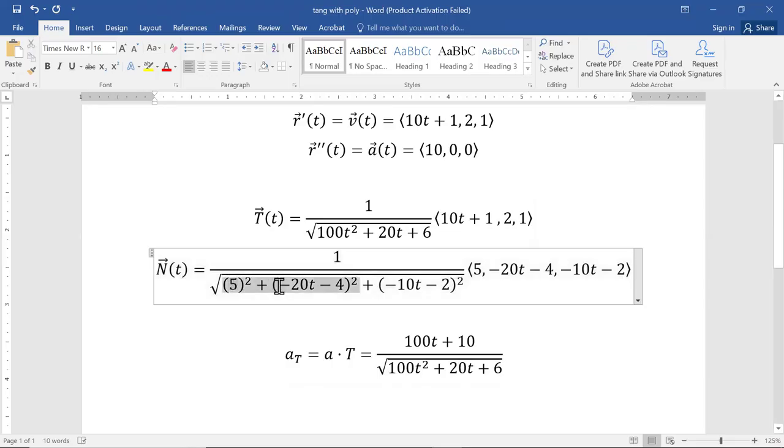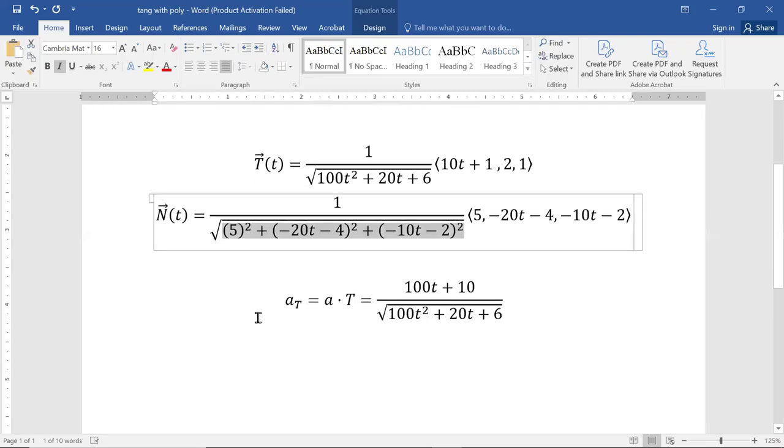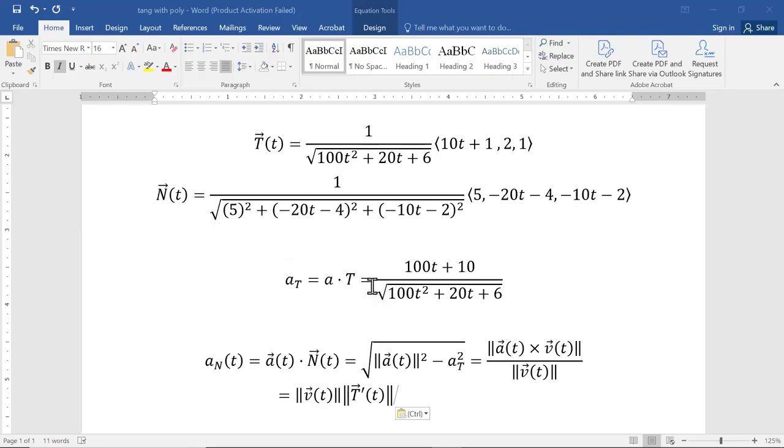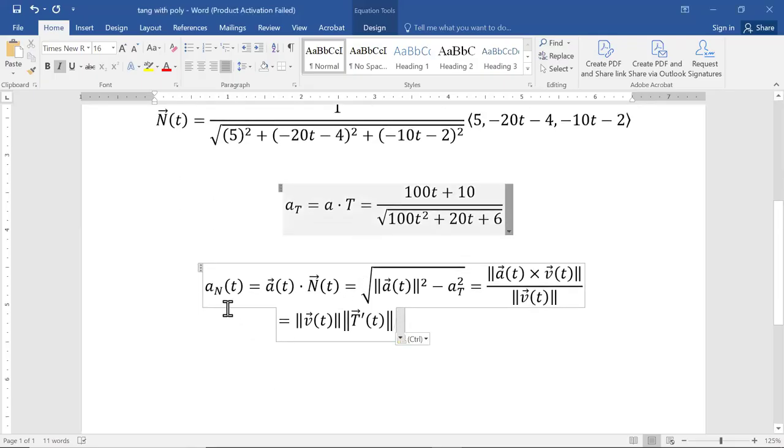Again, it's pretty easy to do, to be honest with you. But because we haven't done one of the other types yet, I'm going to do one of the other types. So let's get the formulas for a sub n.